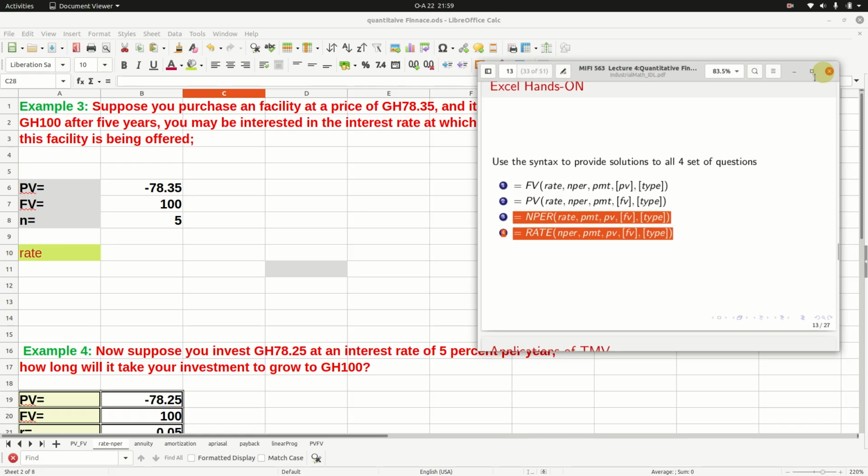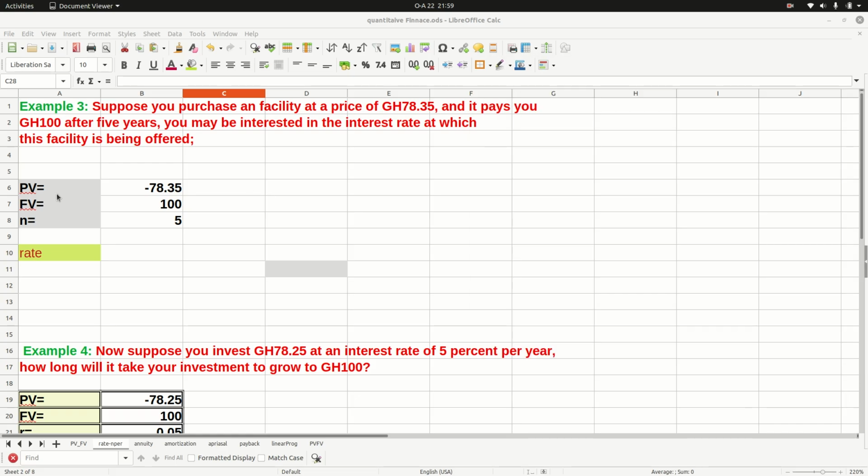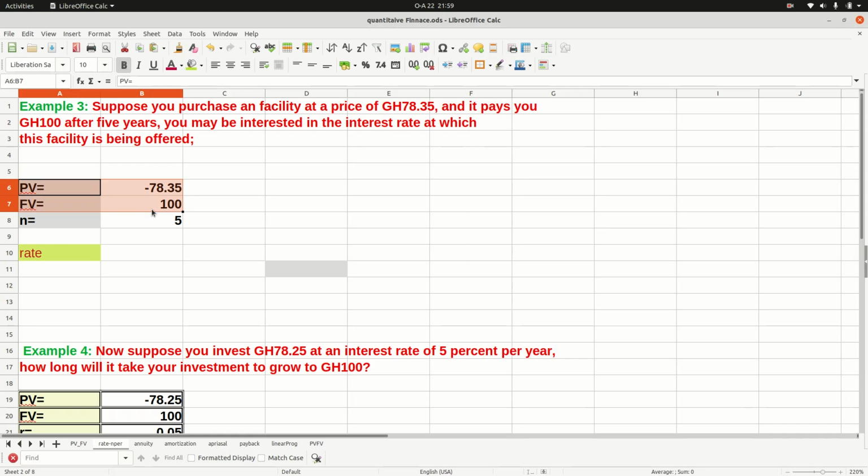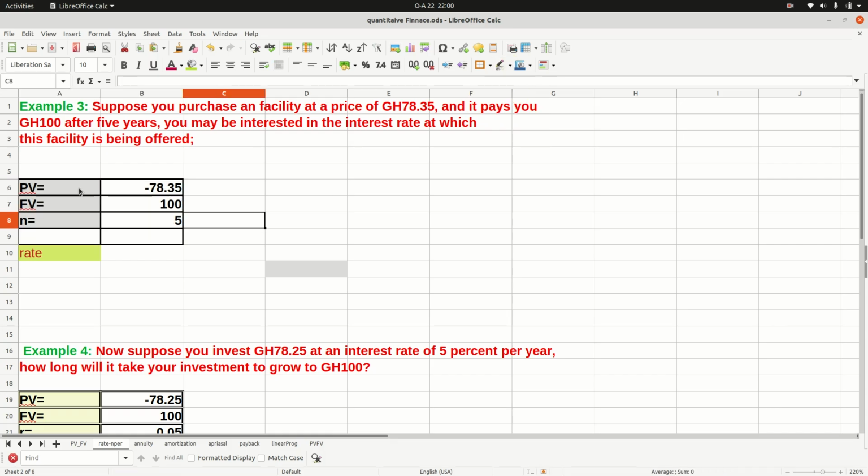So example 3, let's see the information we have here. Realize that our present value is given. The facility is a price of 78.35. It is purchased, so it gave us some money, hence it is negative. It says it will pay you 100 Ghana cedis after 5 years.